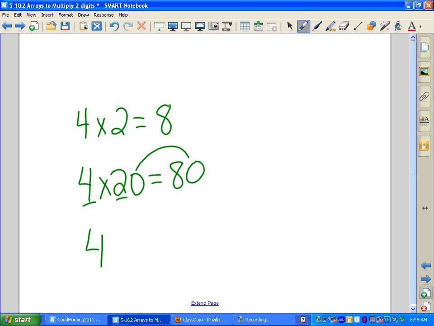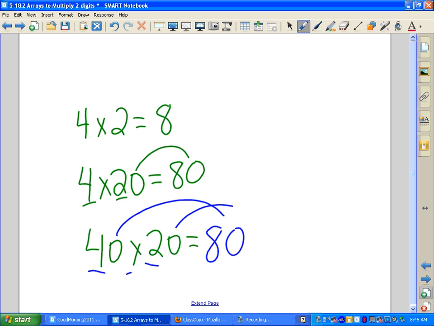Now if I did this one, I would do 4 times 2 and get 8. This 0 comes over. This 0 comes over, and I get 800. Does that make sense? So you can find the basic fact in this problem when there's zeros on the end. Okay? Questions about that? This is how we're going to help ourselves to do mental math.